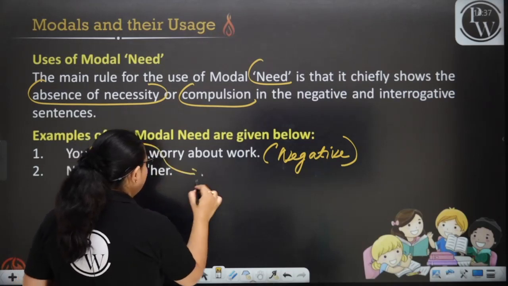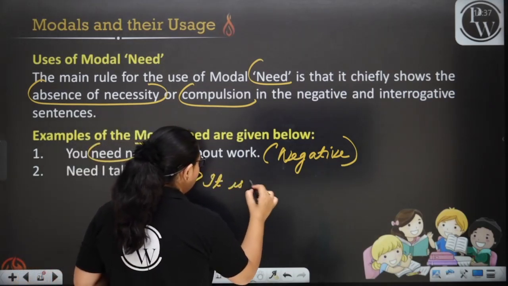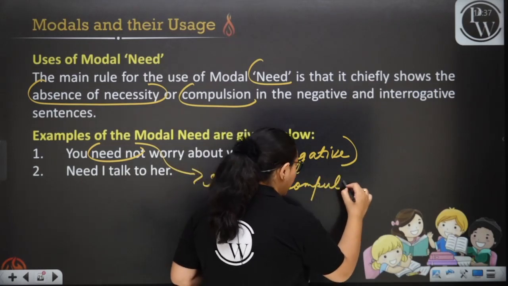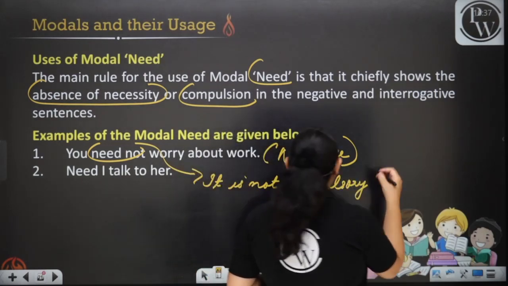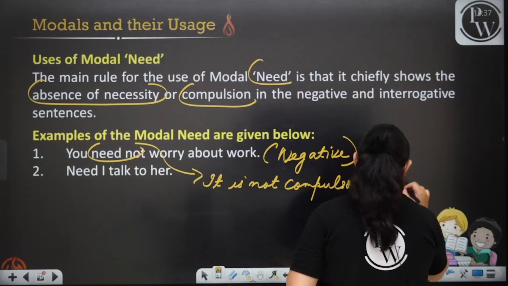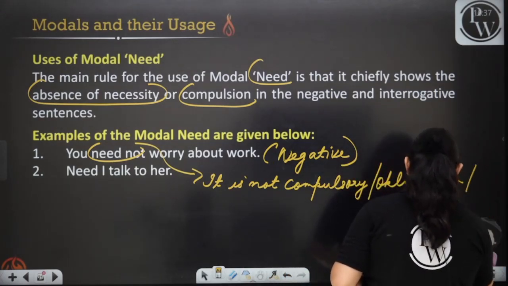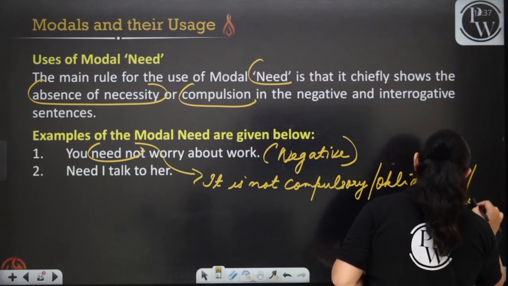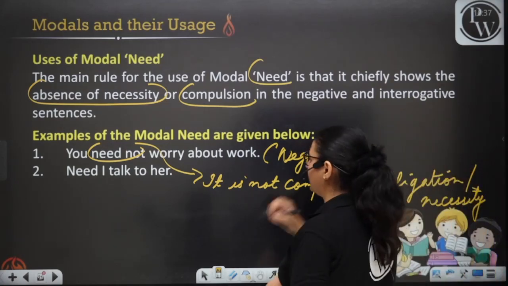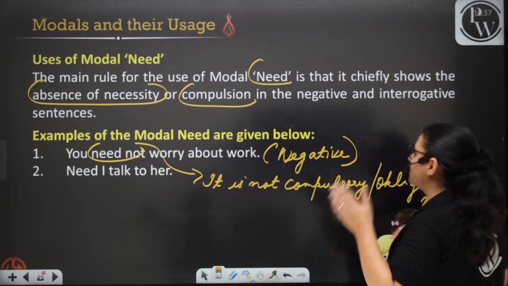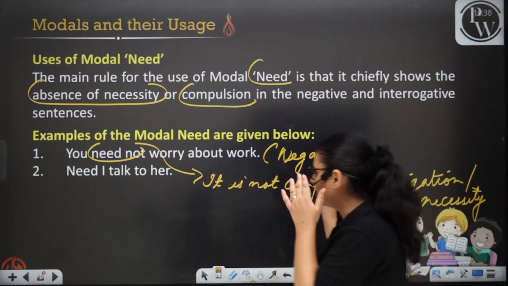It means it is not compulsory. When it is not an obligation, when it is not a necessity, it is not necessary for you to worry. In that case, we use need.